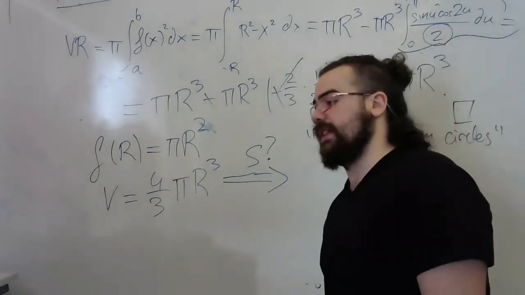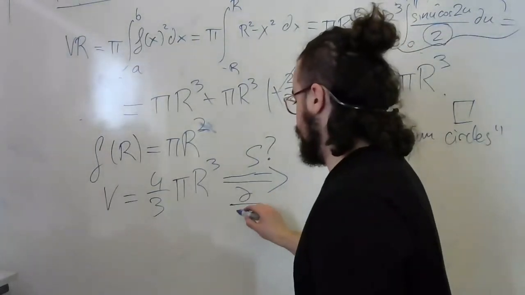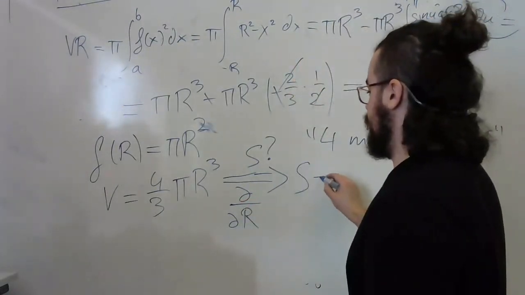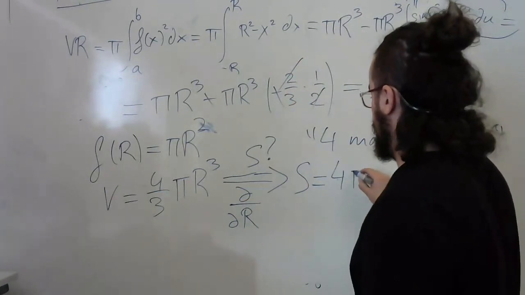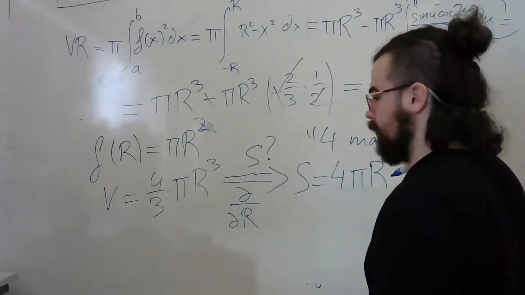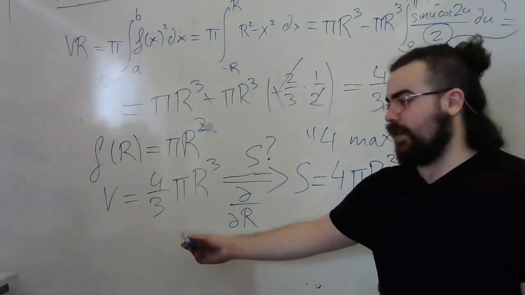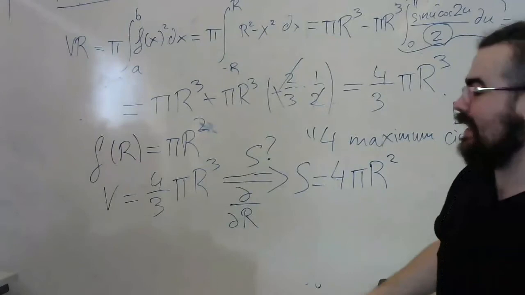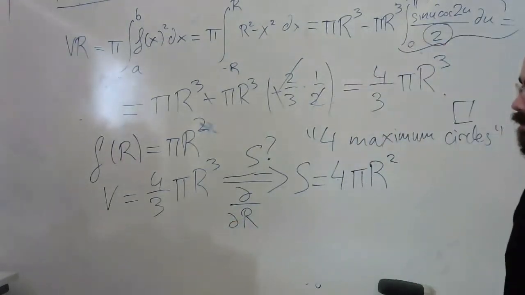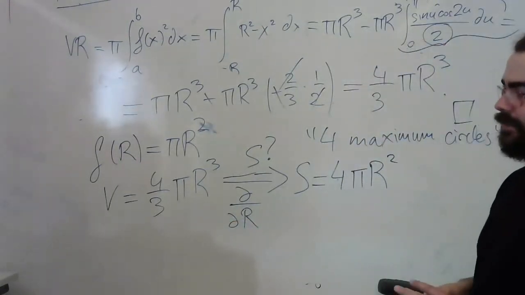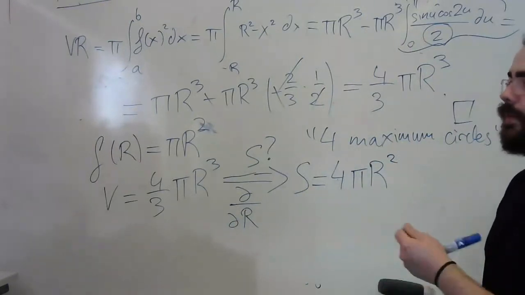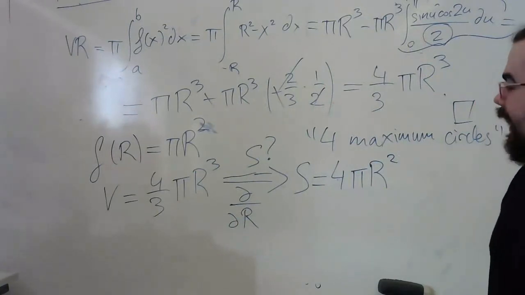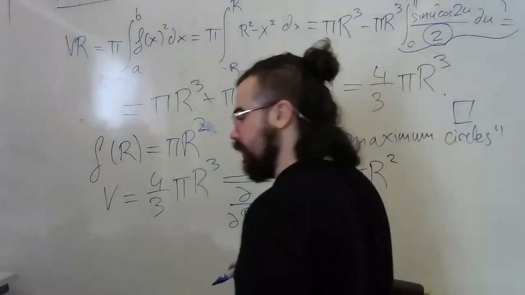What happens if you derivate this? The derivative of a volume is a surface. The integral of a surface is a volume. Actually, I can prove that to you.